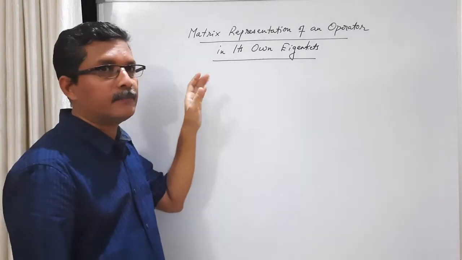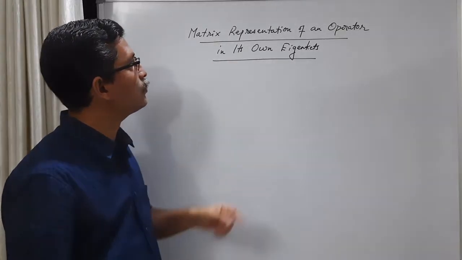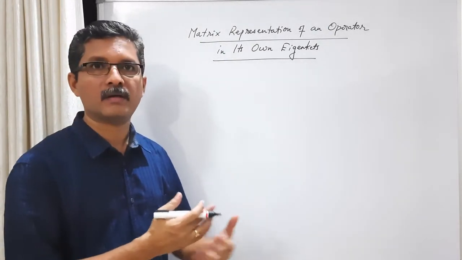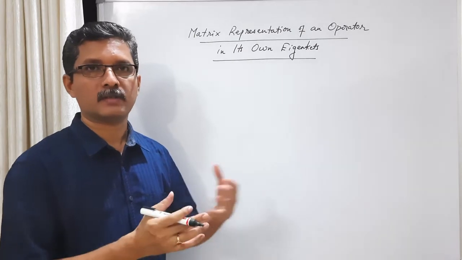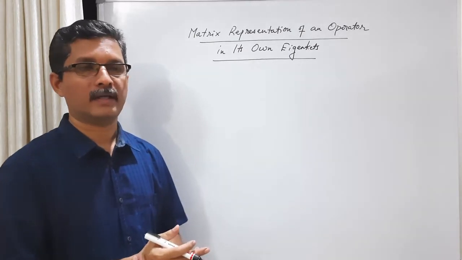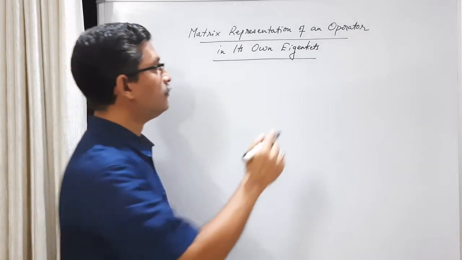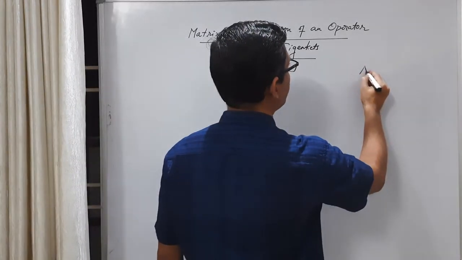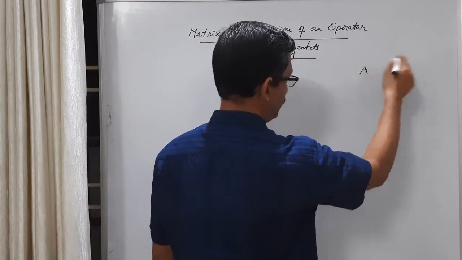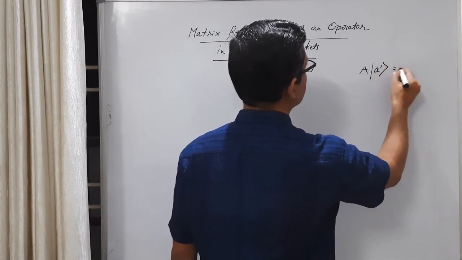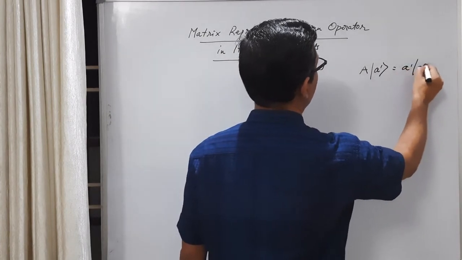Let us consider the matrix representation of an operator in its own eigenkets. What is the special way of expressing the operator in its own eigenkets? The base kets are eigenkets of the operator. That means if we have an operator A, then in our base kets, A acting on ket A prime is A prime times ket A prime.